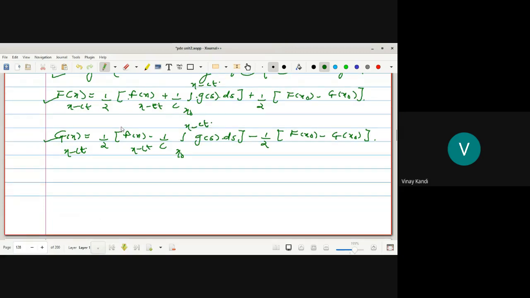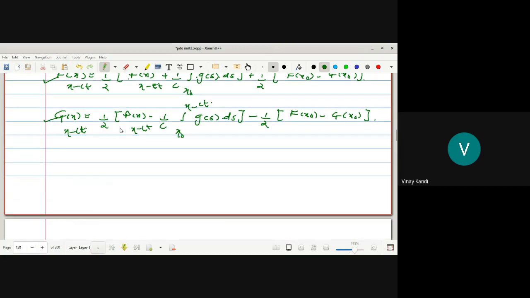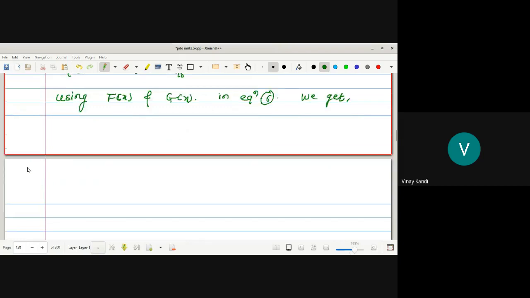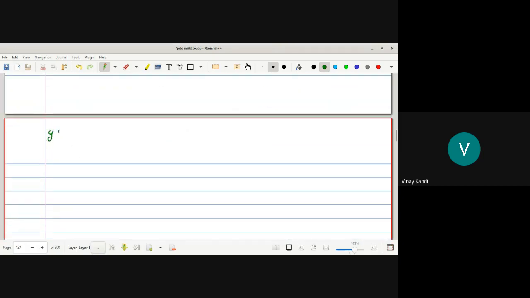So putting the values of capital F of x and capital G of x in equation number 6, we get, now look here, y of x, t. What is y of x, t? It is capital F of x minus ct plus capital G of x minus ct.